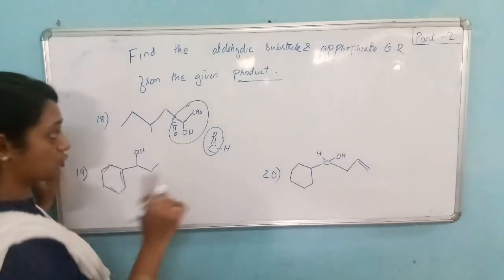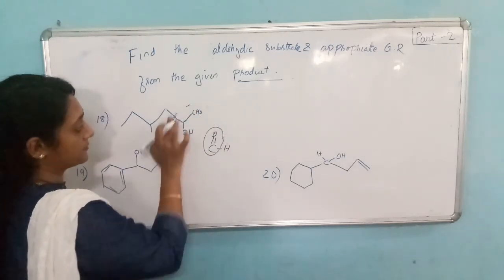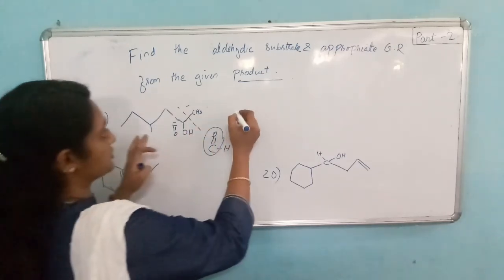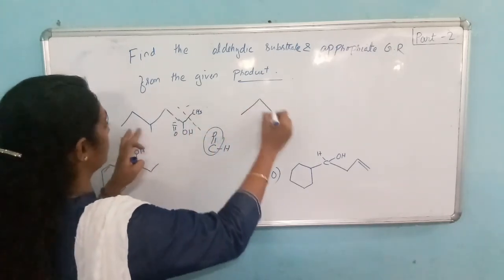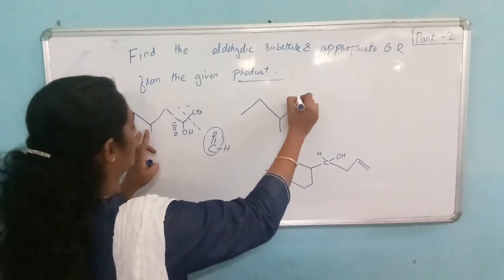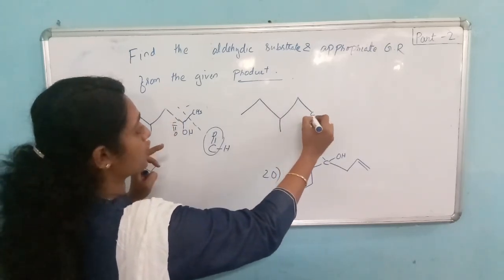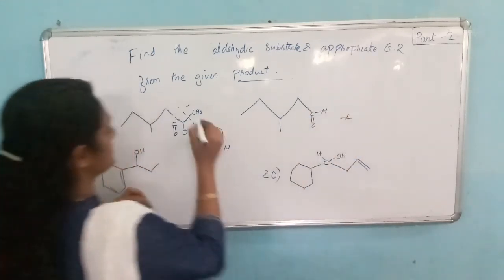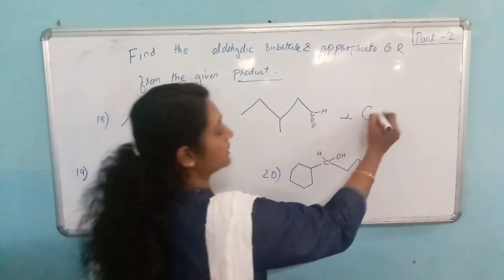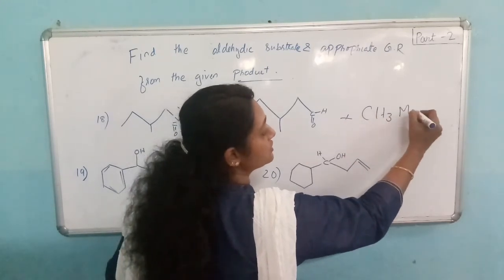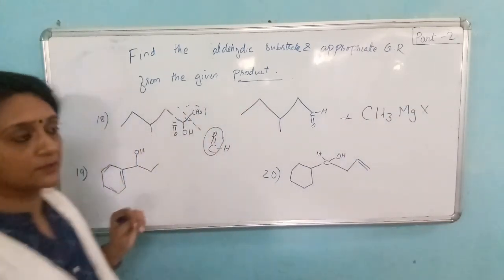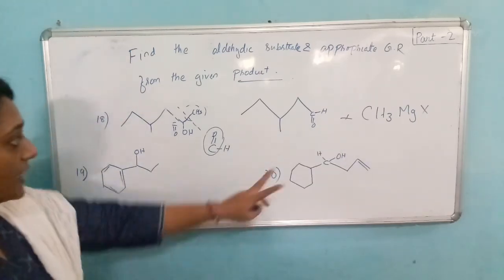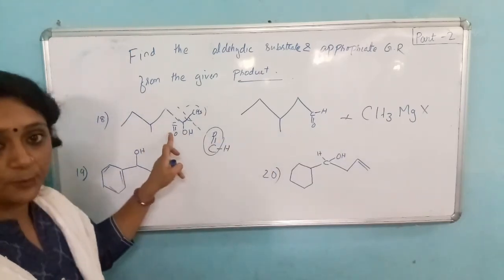Let me choose choice 1, dividing the compound like this, and the aldehydic substrate will be this, this is the position of CHO, and the CH3 is coming from the Grignard reagent, CH3MgX. Okay, this is the aldehydic substrate and Grignard reagent. When it reacts in the presence of ether, we get the product.